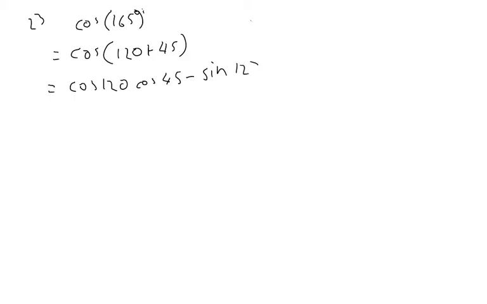But what we do have is two angles that add up to 165. So we have cos 165 equals cos(120 plus 45), which equals cos 120 cos 45 minus sin 120 sin 45, because 120 plus 45 is 165.